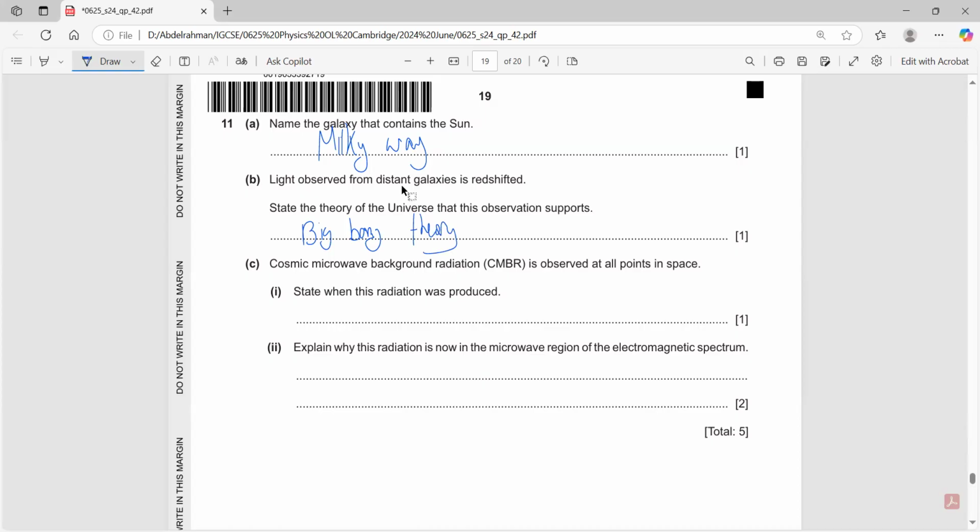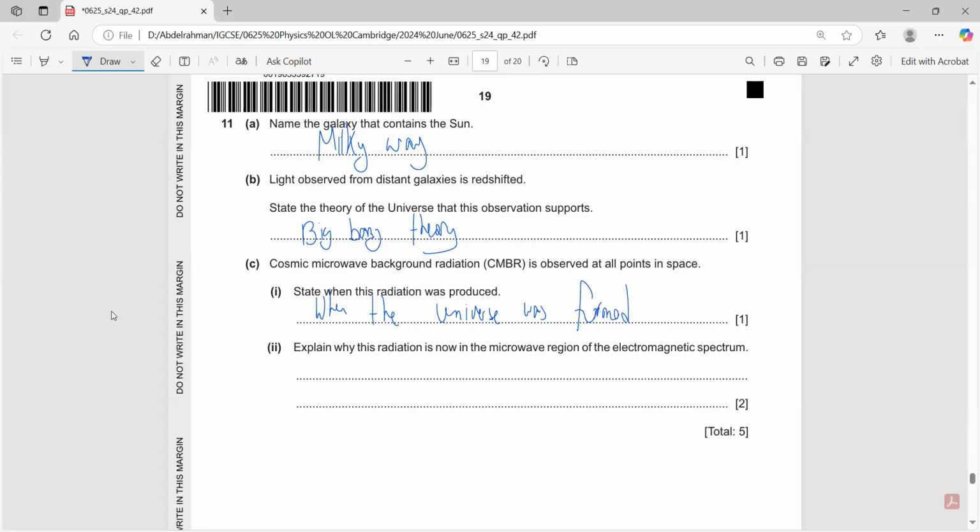State when this radiation was produced. It was produced at the beginning of the Big Bang, right after the universe was formed.